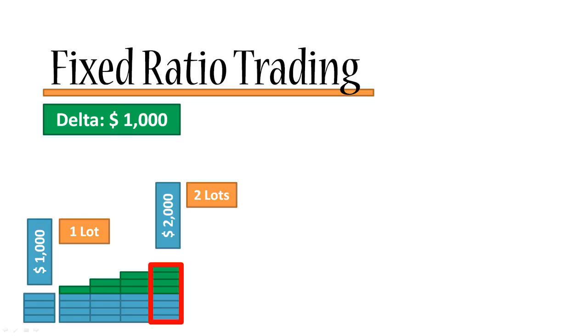Because we're trading with two lots, we need to add two deltas. And because we already have $2,000 in our account, that means that $2,000 plus two deltas equals $4,000. And that's going to be our next checkpoint where we will be allowed to increase our volume.